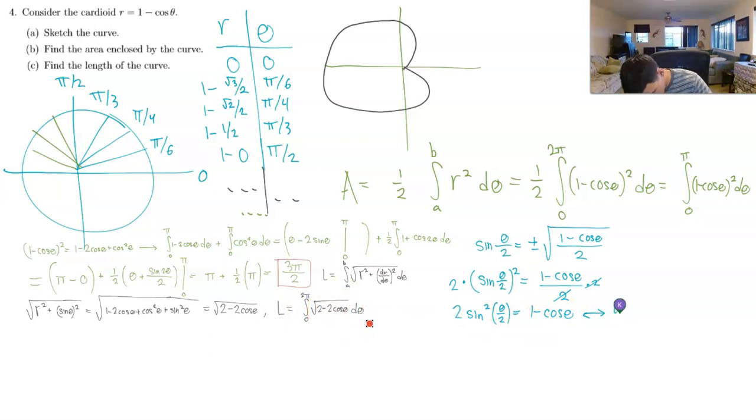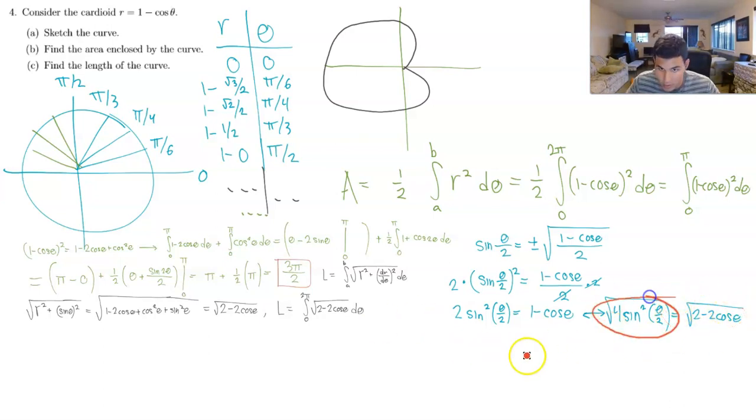So this becomes the square root of 4 sine squared theta over 2, and then this is going to be the square root of 2 minus 2 cosine theta. There we go. So this thing is equal to this thing, and we can replace it in our integral. So I'm going to do it over here.